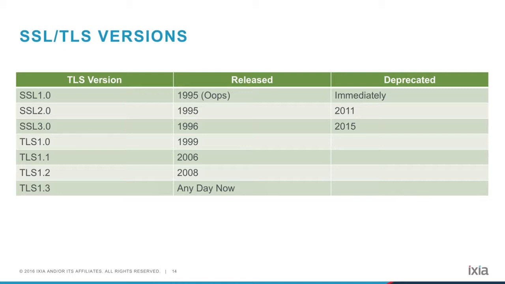Whenever enough weaknesses are found, or perhaps people find a faster way of doing things, they introduce a new standard. And occasionally, when enough serious weaknesses have been discovered in a particular encryption standard, it is deprecated. When it's deprecated, that just means it's no longer supported.